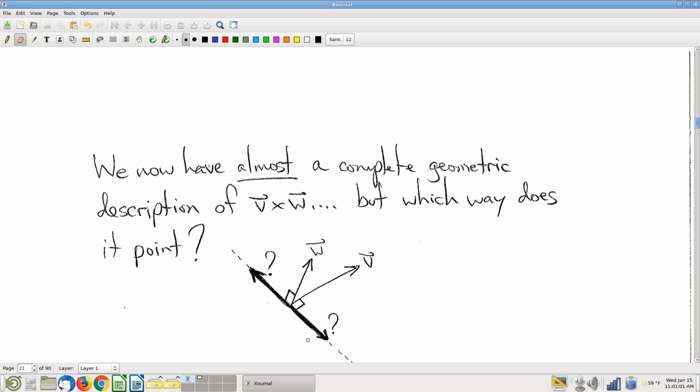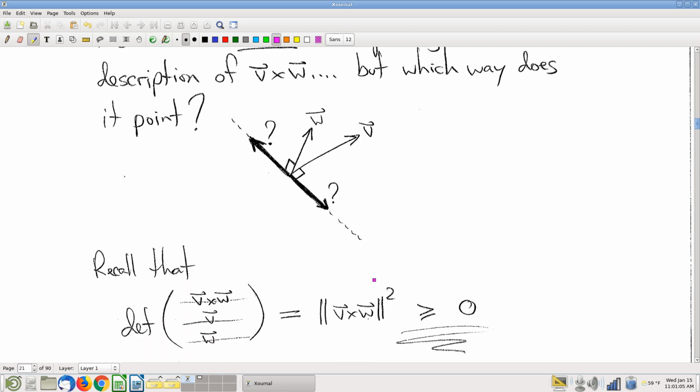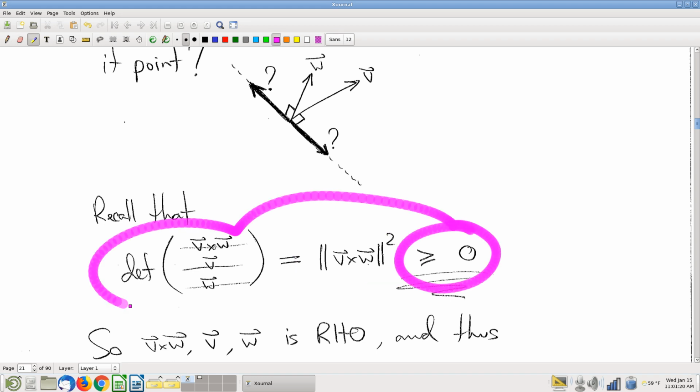This is actually quite an easy matter to settle, and that is, we've already kind of addressed this. This determinant is a triple product, which is therefore a self-dot product, which is therefore a magnitude squared, which is therefore positive. So we already know that is a right-hand order.